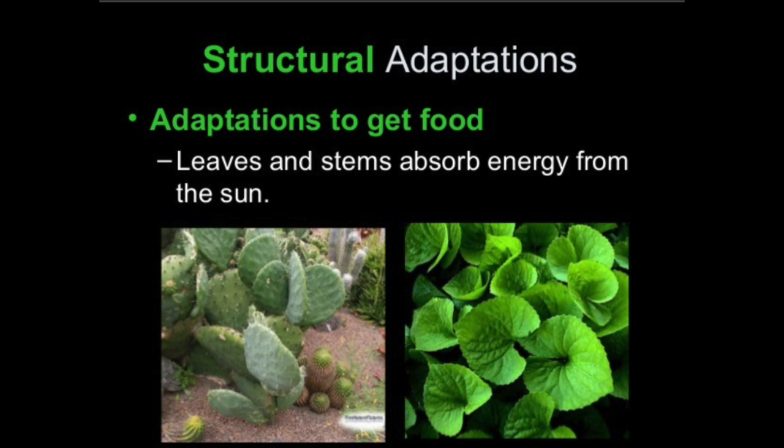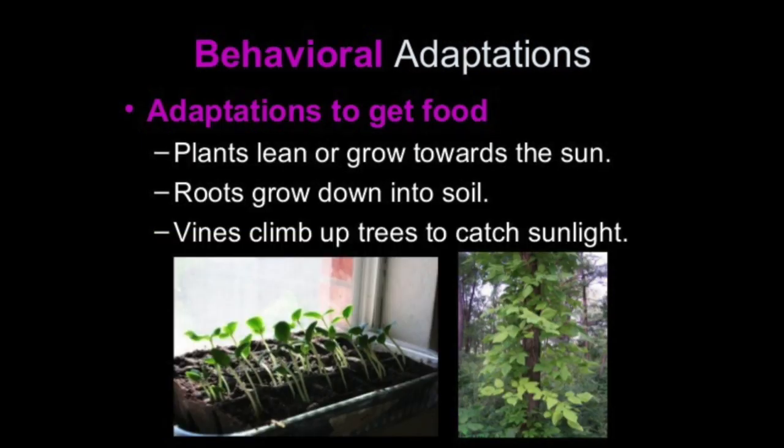Now we're going to talk about structural adaptations. Those are adaptations to get food. Leaves and stems absorb the energy from the sun. Behavioral adaptations are also adaptations to get food.